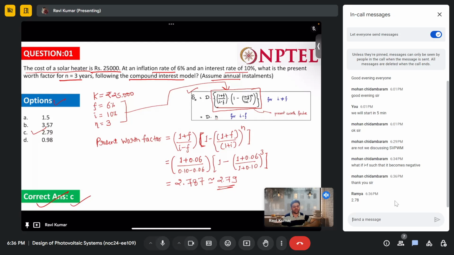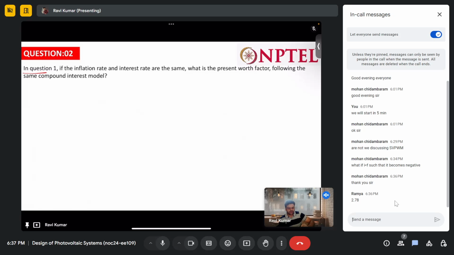Okay, so we are moving to the next question, which says in question 1, if the inflation rate and interest rate are same, what is the present worth factor following the same compound interest model? And these are the options.